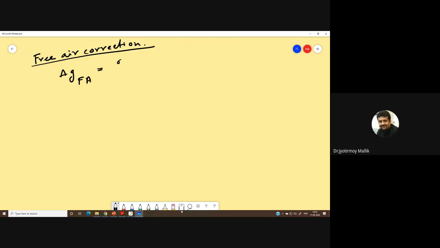We can also write down that delta G by delta R, I mean, the change in small g with respect to the height, is equal to minus 2g by R, and that comes in the order of 0.3086 milligal per meter.